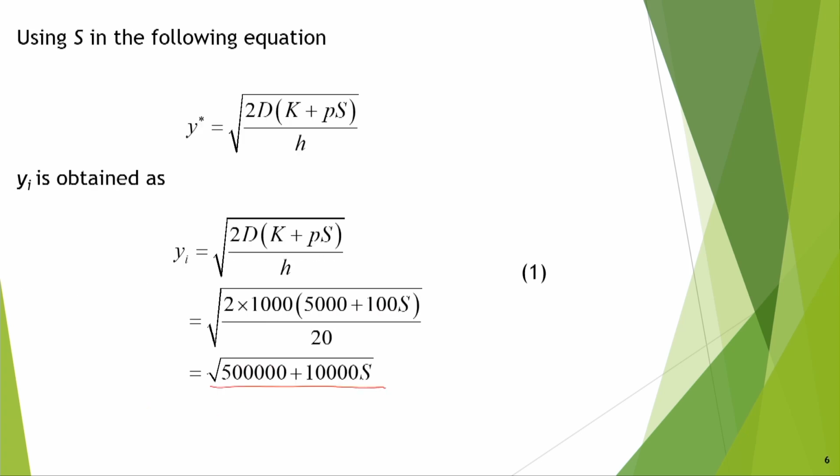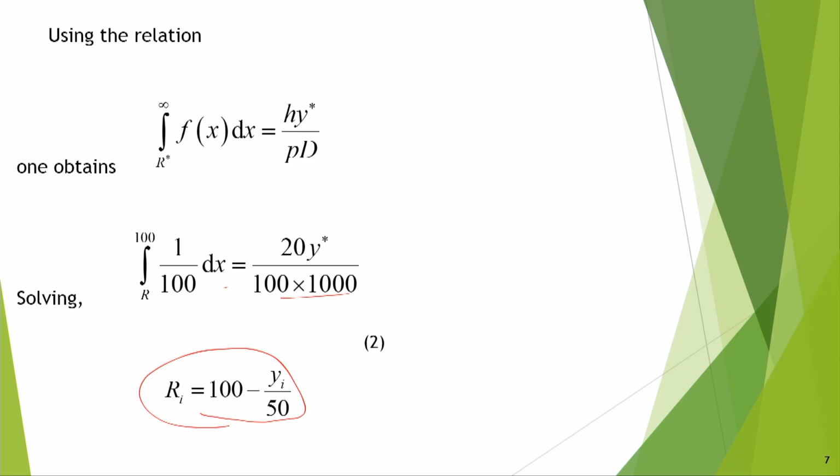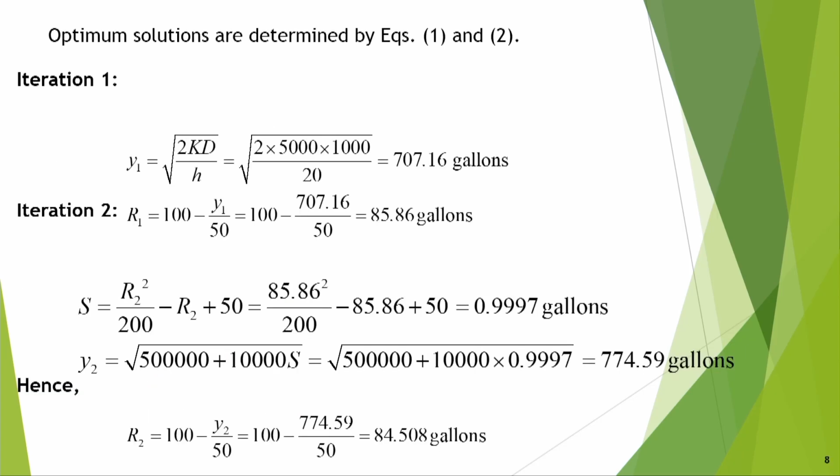One equation is this, other equation is this, and now we have to keep iterating. So let us start with iterations. Suppose first we calculate without any shortage and we got this value of y1. This value of y1 is substituted in this one and we get r1. Once we get a new value of r1, that can be put in the equation.